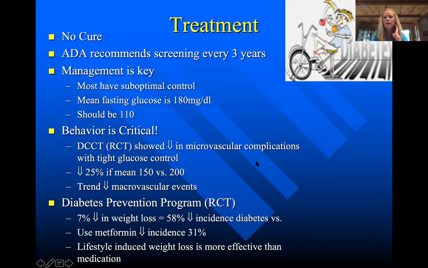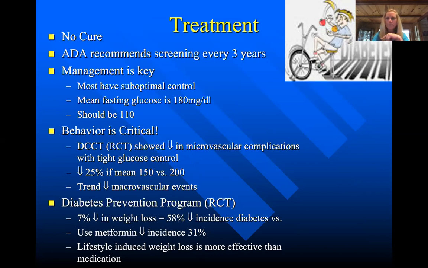So I want to talk about the diabetes randomized controlled trial that showed if people were able to have tight control and keep their mean down at 150 versus individuals that were riding around a mean of 200, those individuals had a 25% decrease in the microvascular complications.